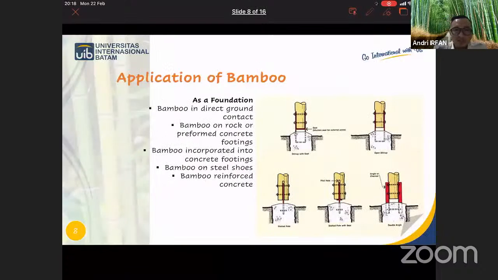Okay, this is the application of bamboo. Bamboo can be used to make all components of a small building, both structural and non-structural, with the exception of fireplace and chimney. It is, however, often used in conjunction with other materials. Bamboo building construction is characterized by a structural frame approach similar to that applied in timber frame construction.